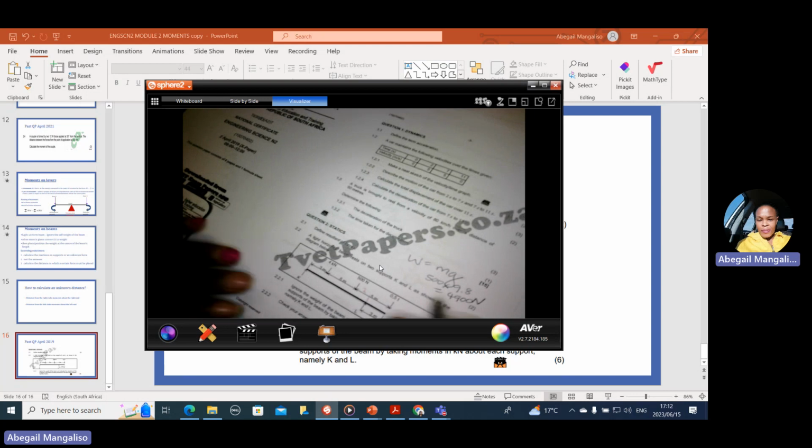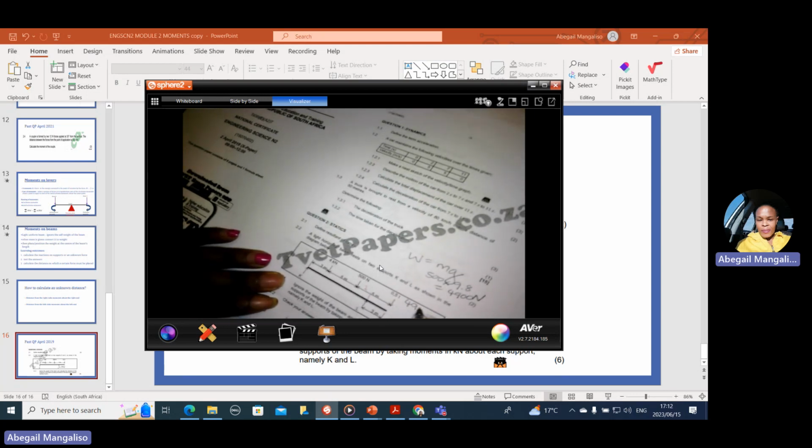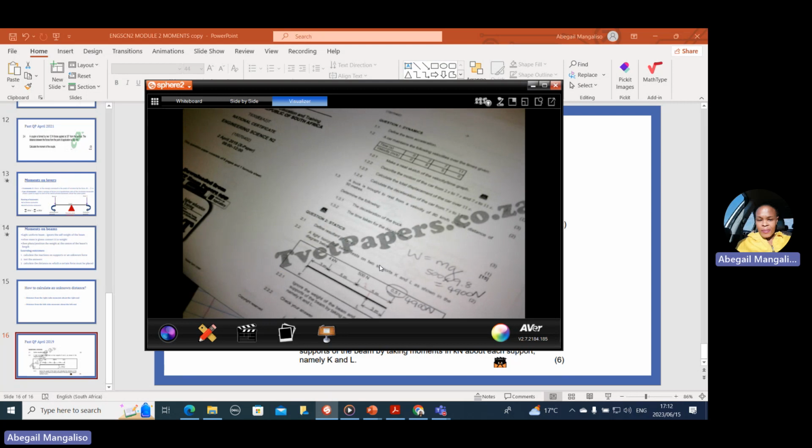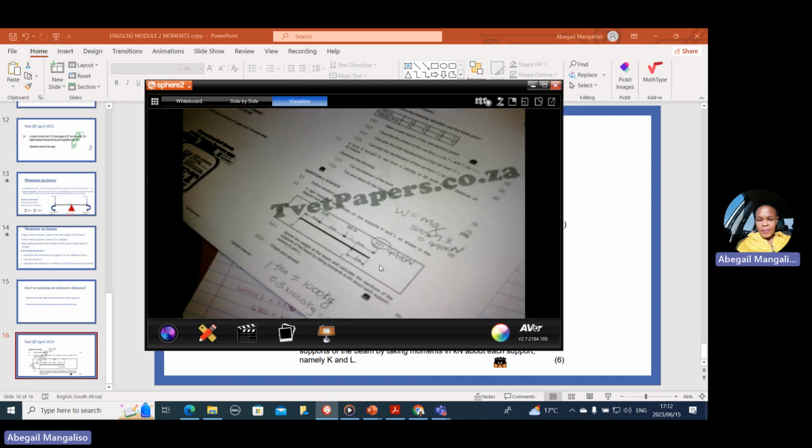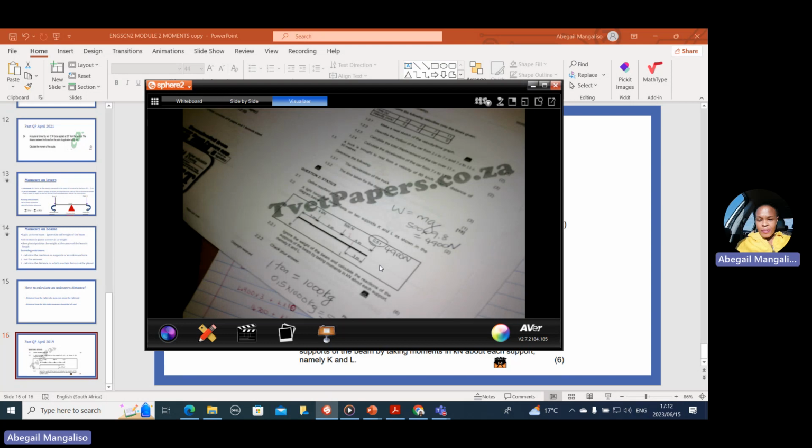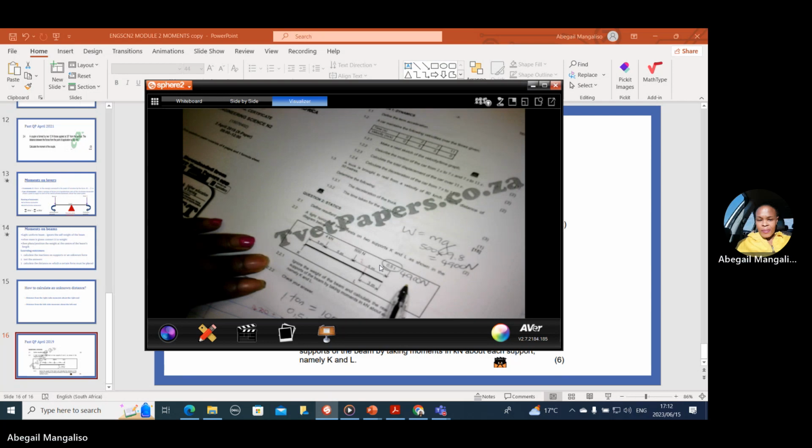Now this one changes to 4900 newtons. It's no longer 0.5 tons. But the question is specific that we take these moments in kilonewtons. It means you need to change this to kilo. A kilo is equivalent to 1,000.